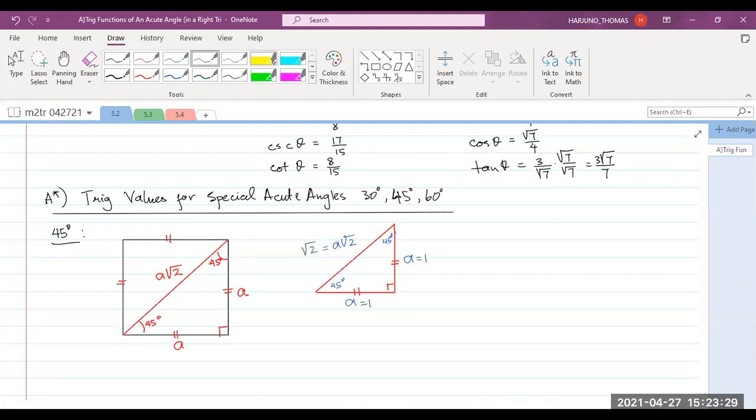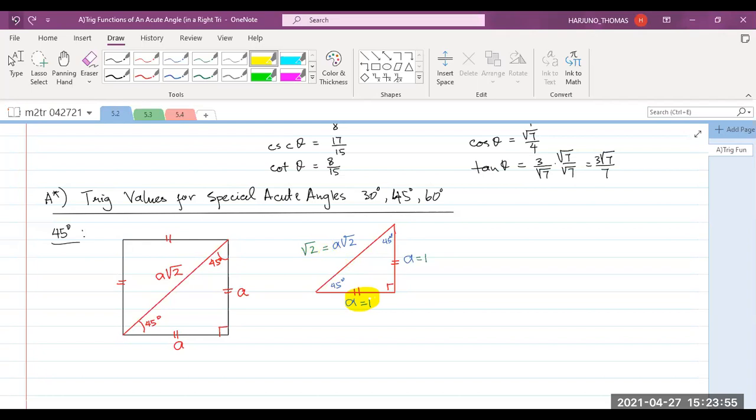Okay, in other words, from the leg to hypotenuse, you multiply by radical 2. From hypotenuse back to the leg, of course, you divide by radical 2. Okay, and the ratio of two legs, they are equal to each other.